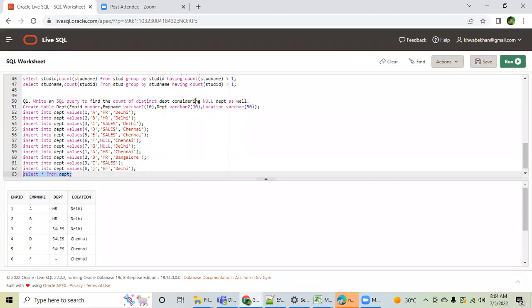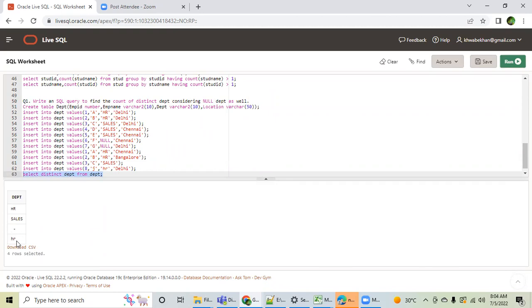And you have to consider null department as well. That's the twist here. I will write here distinct department. The output is 1, 2, 3, and 4 distinct departments, right? I've taken lowercase HR as well. Suppose the lowercase HR is different. So you have 4 distinct departments, right?